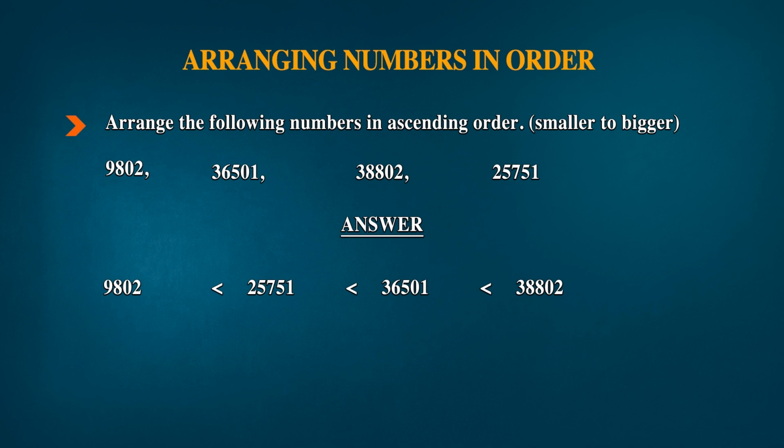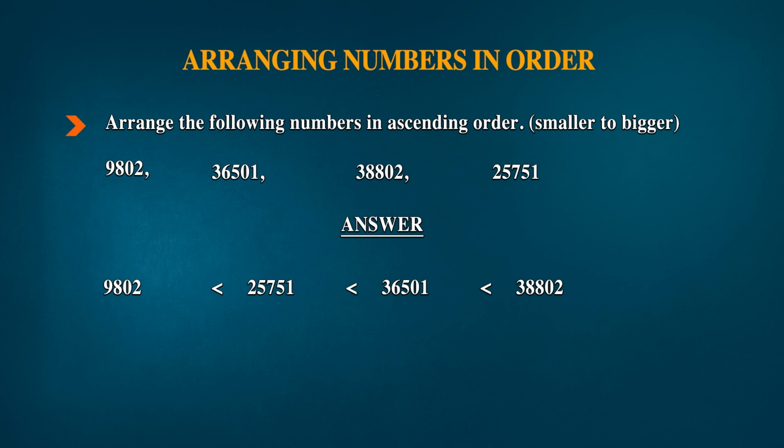Now, we have to decide which is the smallest number out of 25751, 36501 and 38802. Leftmost digit of 25751 is the smallest, so it comes at the second place.